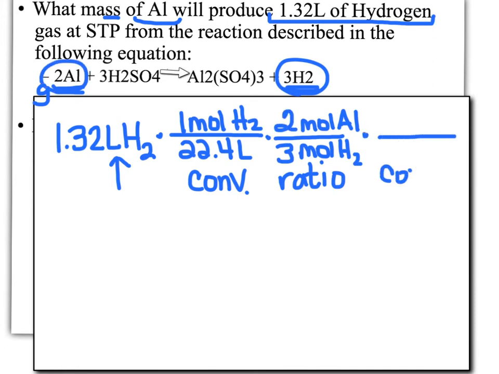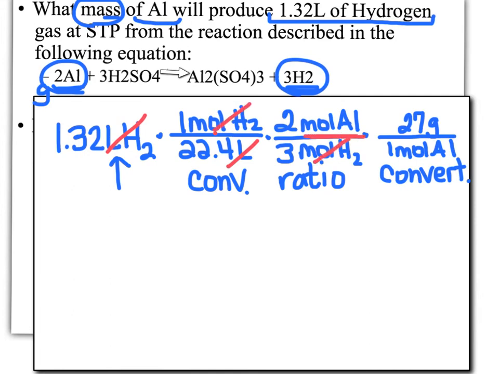And our last step is our conversion step, and we need to see what they want us to convert to. So 1 mole of aluminum, and they are asking for mass. So that means we're converting from moles to grams, and aluminum on the periodic table weighs 27 grams. Let's check our setup. We went from liters of hydrogen to moles of hydrogen. Then we went from moles of hydrogen to moles of aluminum.